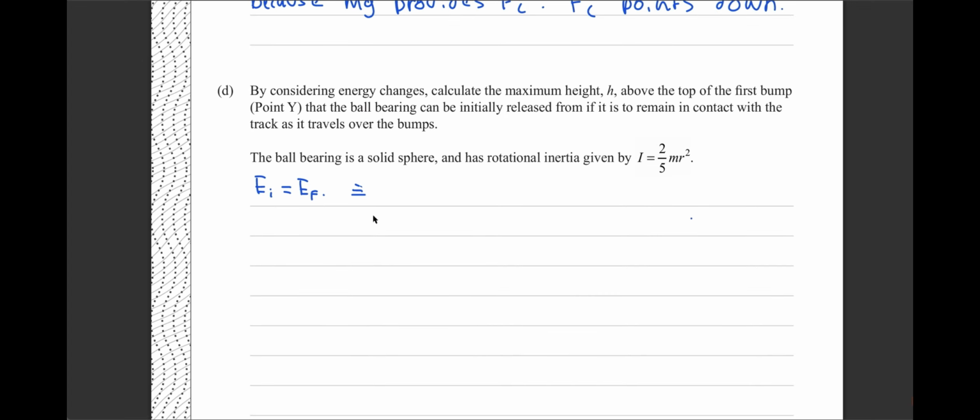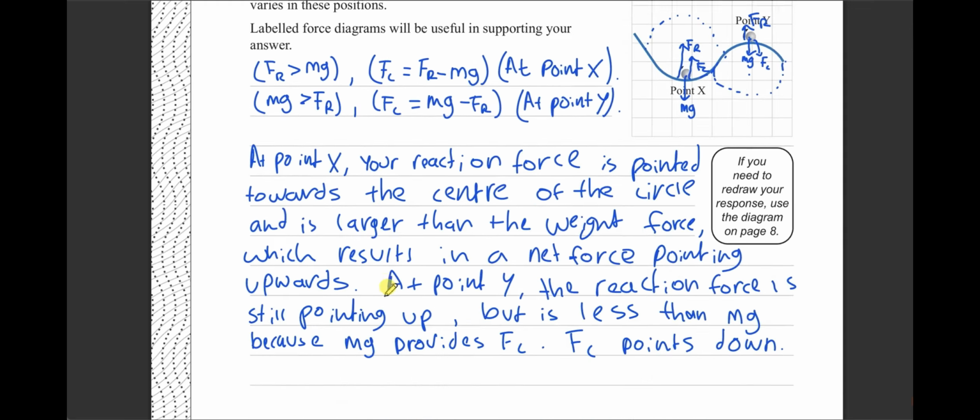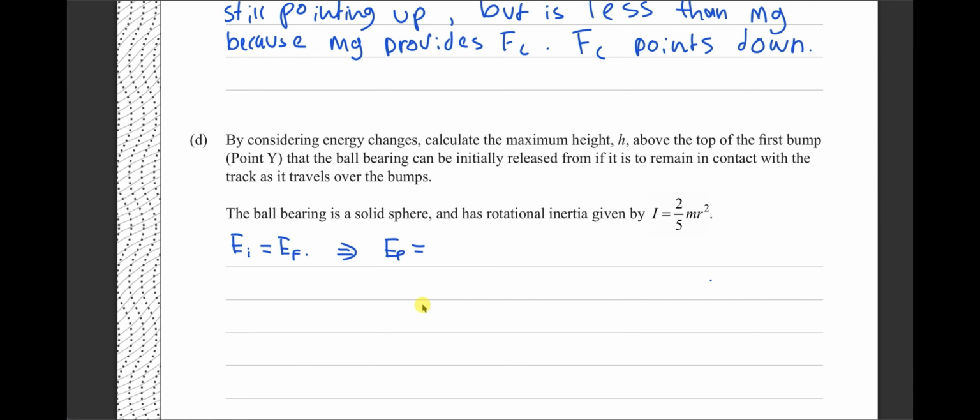So that directly implies that your potential energy is converted into some other kinds of energy that the ball has at point Y. Now, the ball's moving in that direction, but it's also rotating, so we have to consider that it would turn into kinetic energy plus rotational energy.